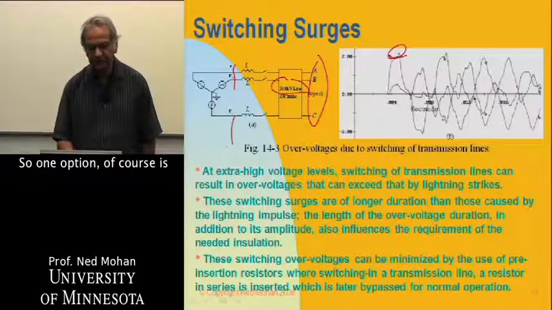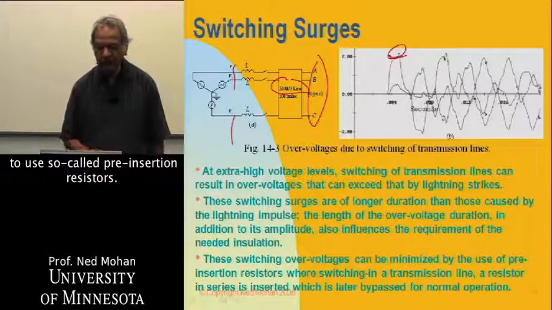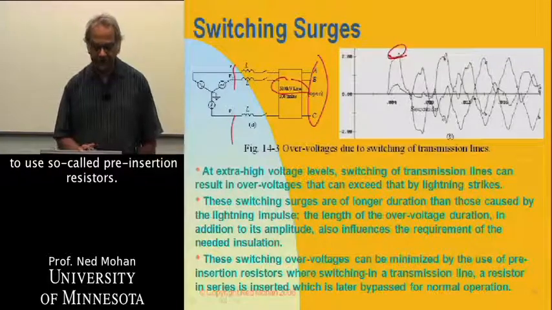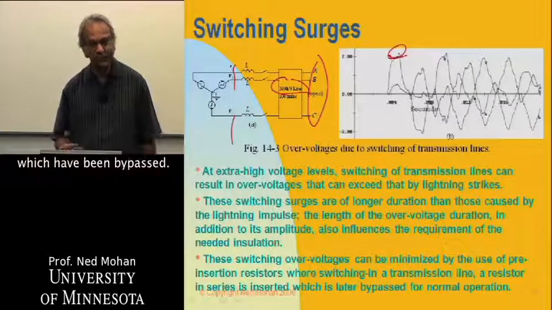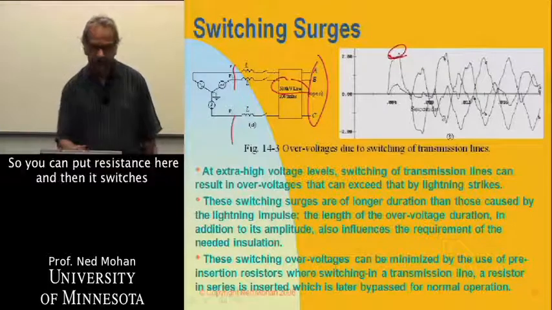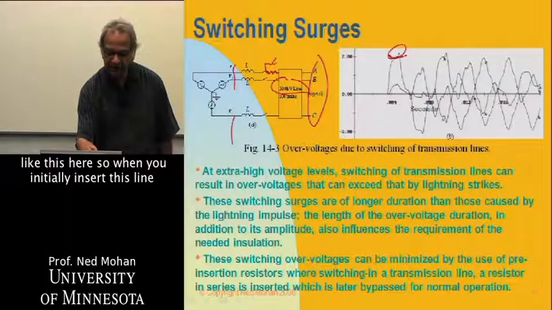So one option, of course, is to use so-called pre-insertion resistors. So insert this line back into operation through resistances, which are then bypassed. Okay, so you can put a resistance here and then a switch like this here.